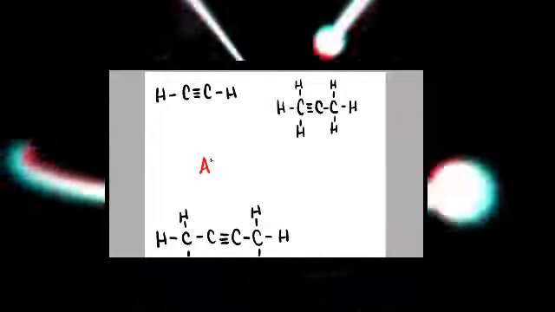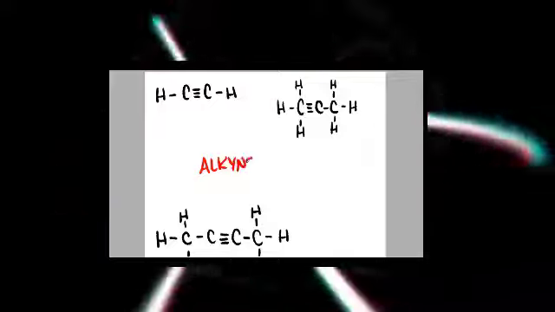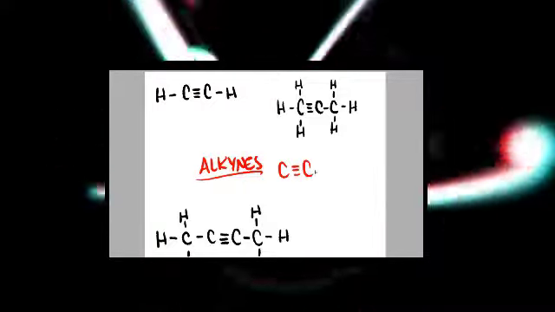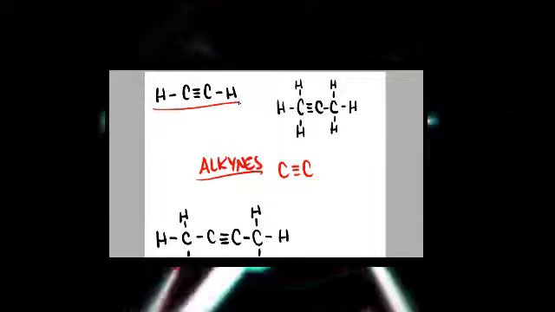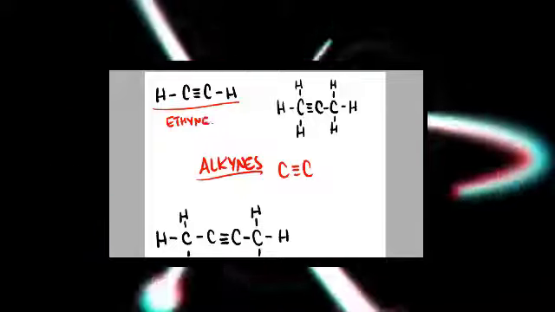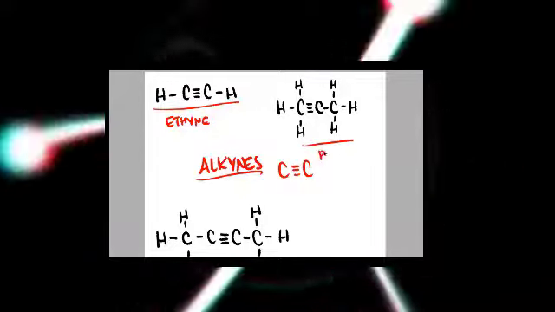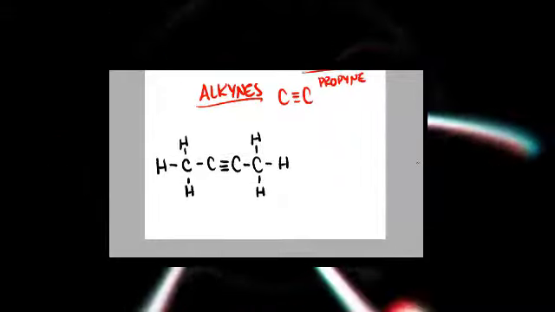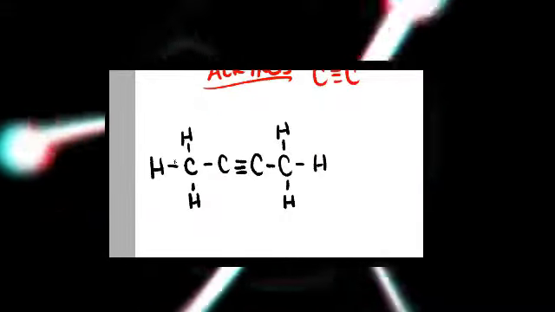Finally, we have the alkynes. The alkynes are unsaturated hydrocarbons, and they have carbon-to-carbon triple bonds. Starting with the smallest alkyne, we have ethyne with 2 carbon atoms. Next, we have 3 carbon atoms, which is propyne. And when we get to 4 carbon atoms, there is more than one position for the triple bond to be.